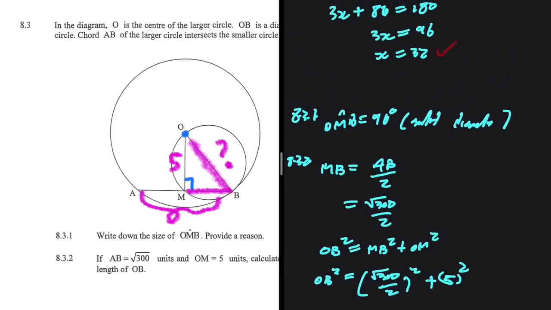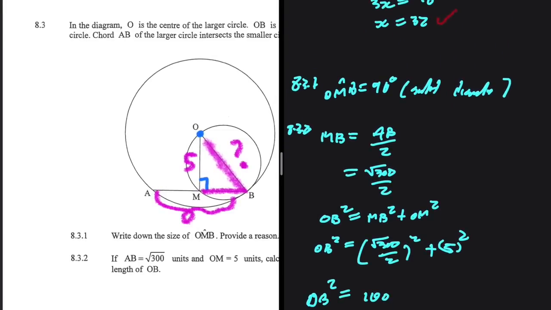That is 8.3.2. ABCD is a parallelogram with AB equal to 14 units. AD is produced to E such that AD is to DE is equal to 4 is to 3.